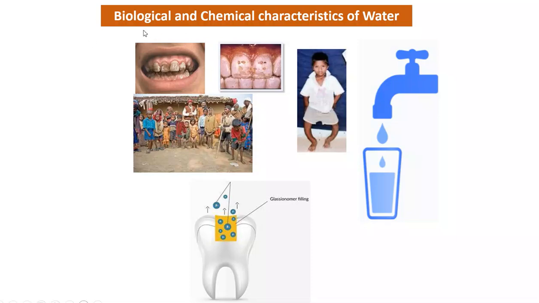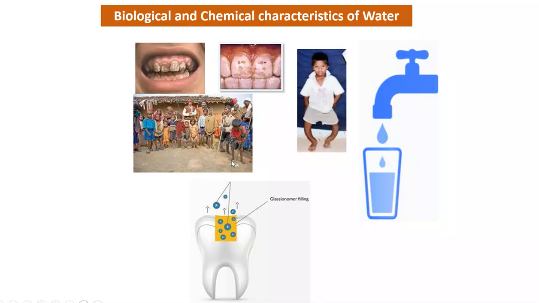Here we have a pictorial diagram of teeth showing that if fluoride concentration is high, then it can cause damage to human teeth and bone disease. You can see here a photo taken from Google of a village or family.